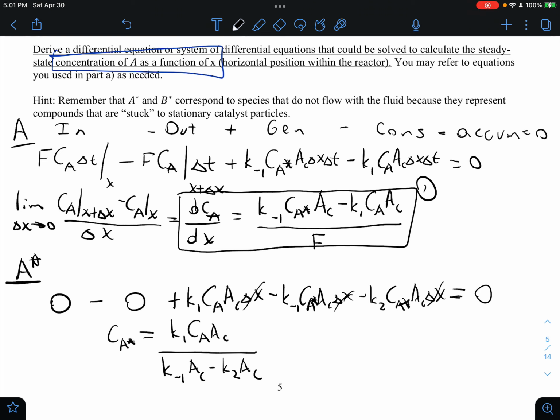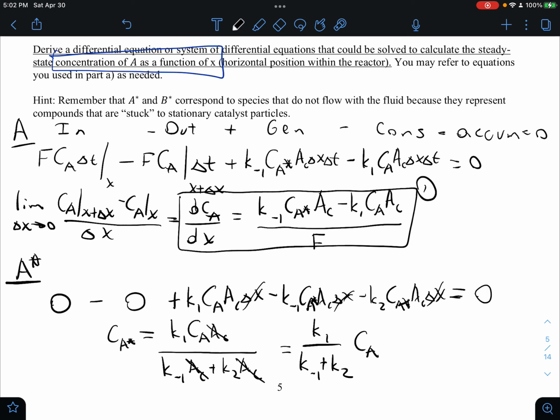I think I've got the signs right. And the A_C is actually going to cancel. So this will equal k_1 over k_{-1} plus k_2, times C_A.